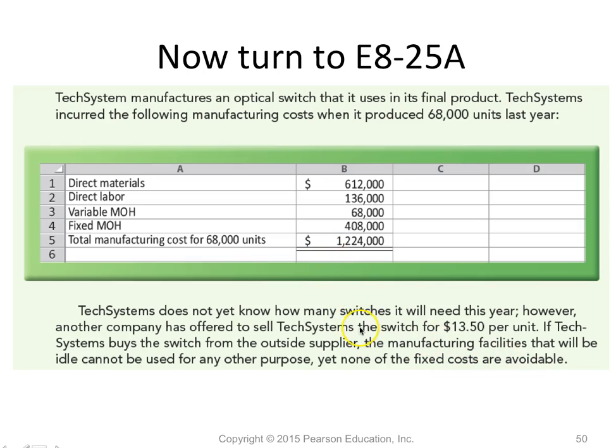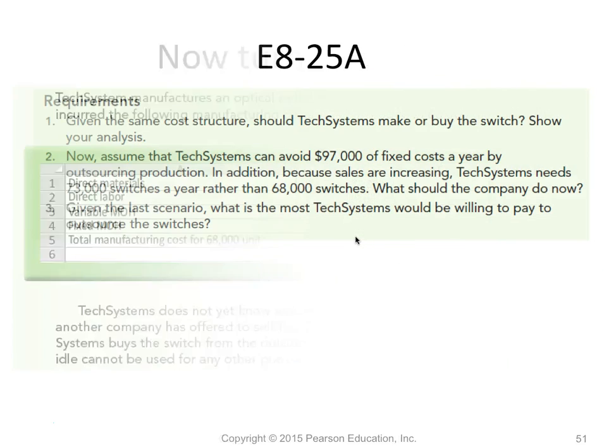So if we purchase, we're not going to have direct material, direct labor, or variable manufacturing overhead, but we are going to have fixed manufacturing overhead of $408,000 still here. So are we still going to do the outsourcing, or are we going to make it ourselves?